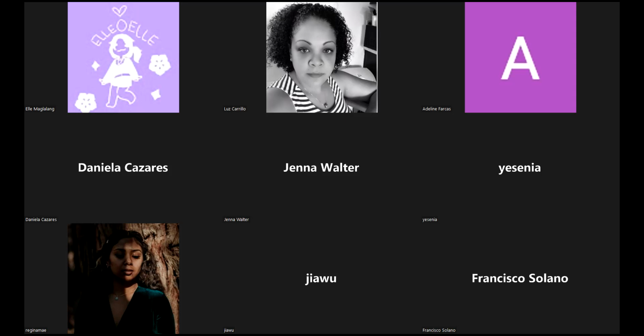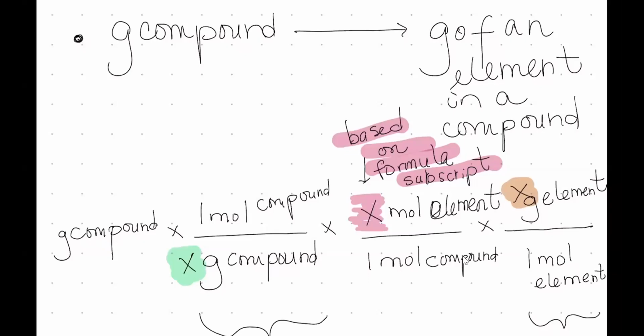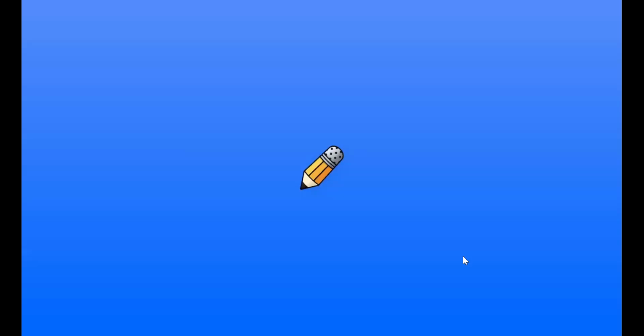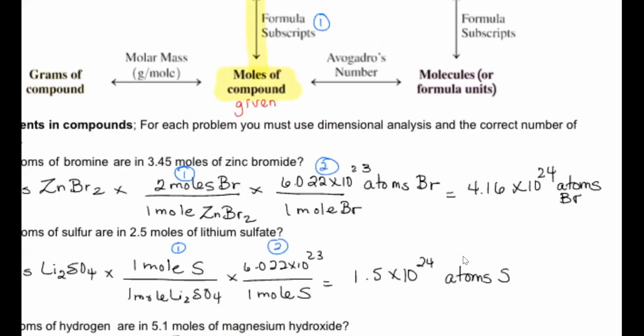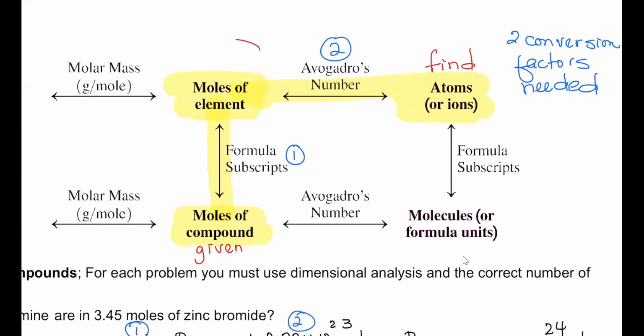So if you're given moles of something and you need just the moles of the atom, if we go back to the flow chart, so question 7 is basically this portion. You're given moles of compound, you're going to moles of element.